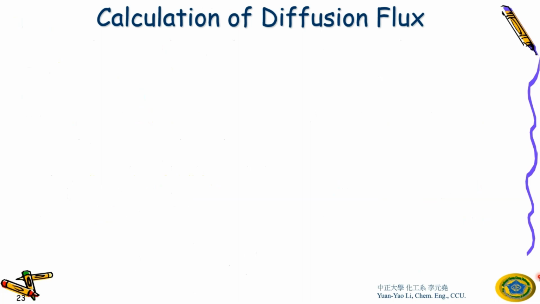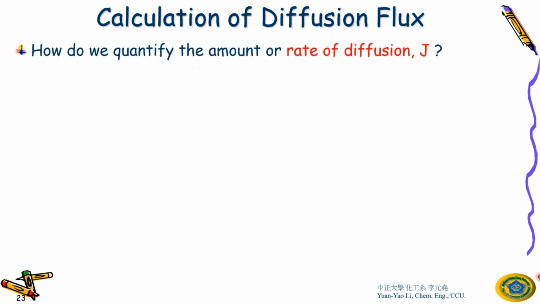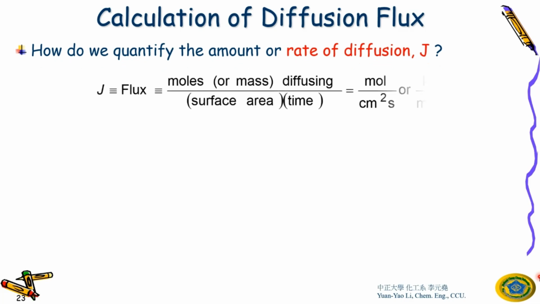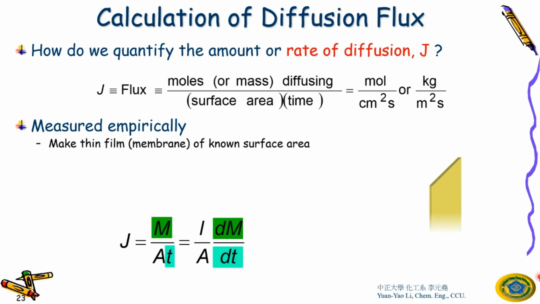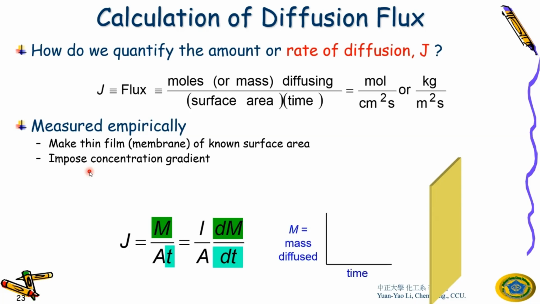So how are you going to calculate the diffusion flux? Very easy, right? How do we quantify the rate of the diffusion? If you can measure the things from the left to the right, so measure empirically. Empirically is to make a thin film or membrane of a known surface area and impose concentration gradients. This is important. You need to have a concentration gradient so that you can have a flux.